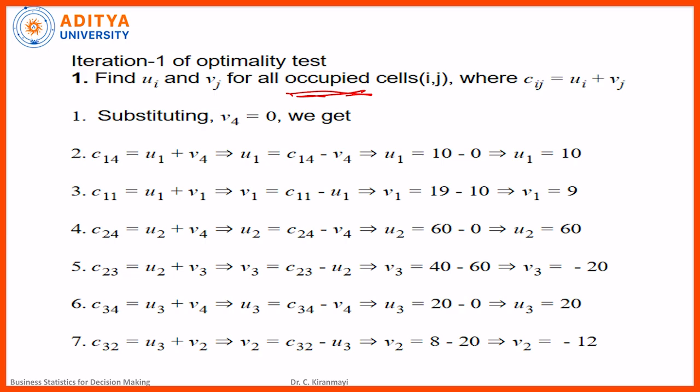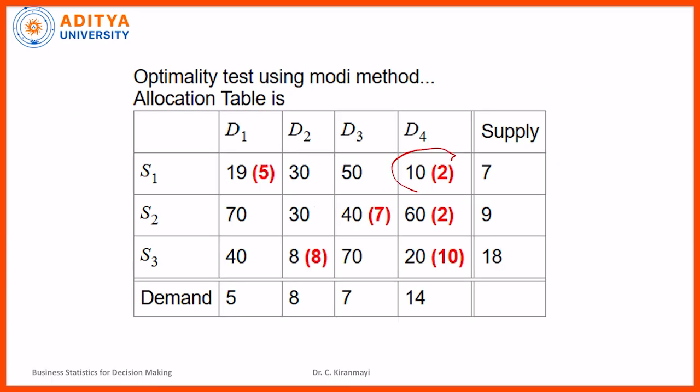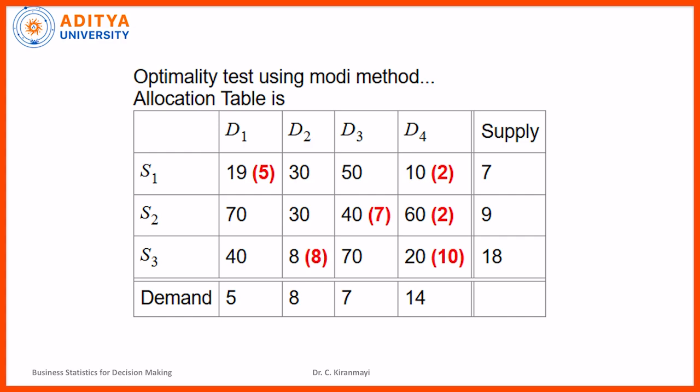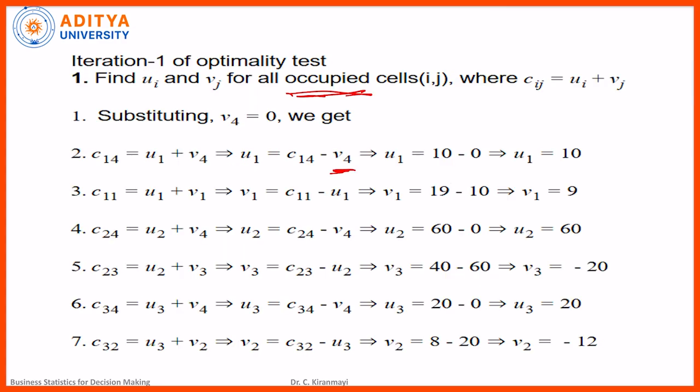Let us consider the cell C14. For C14, the formula is U1 plus V4. V4 we have considered as 0 and the value of C14 is 10. Substituting, U1 is equal to 10 minus 0, therefore the U1 value is 10.